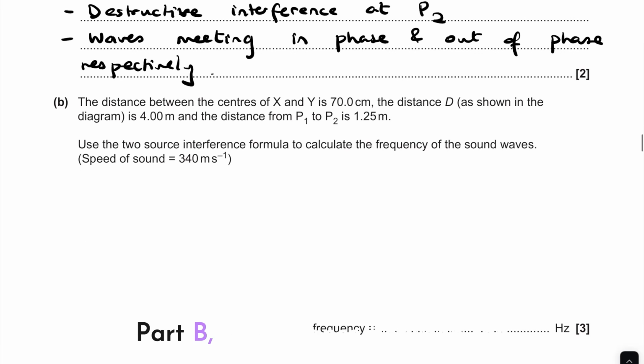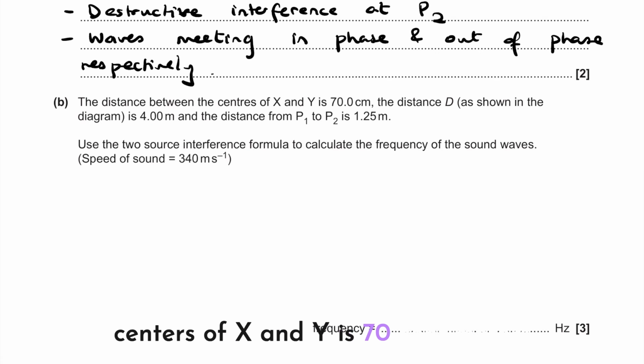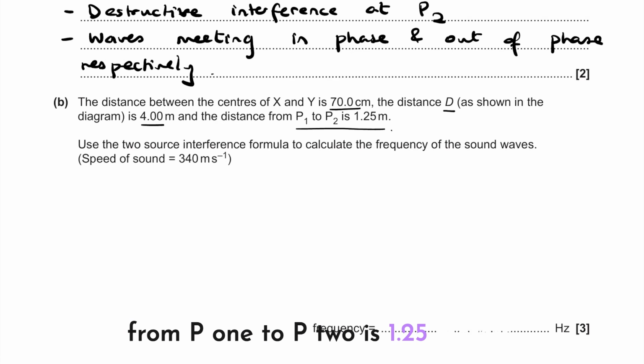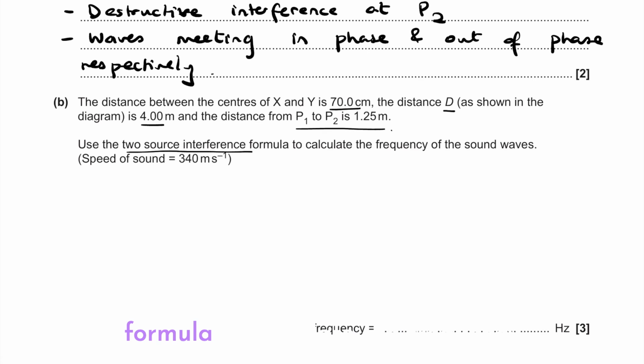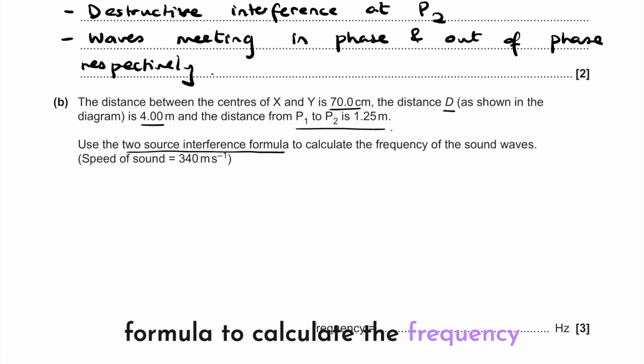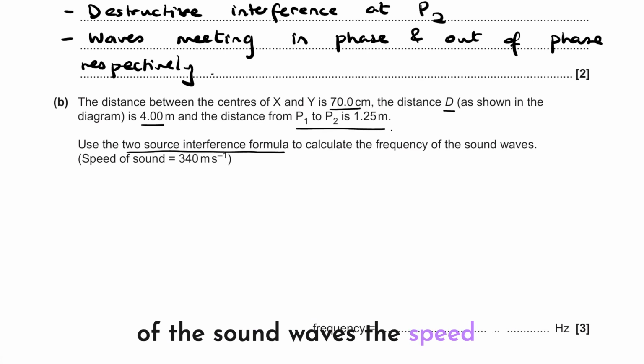Okay, part B. The distance between the centers of X and Y is 70 centimeters, D is 4 meters, and the distance from P1 to P2 is 1.25 meters. Use the two-source interference formula to calculate the frequency of the sound waves. The speed of sound is 340 meters per second.